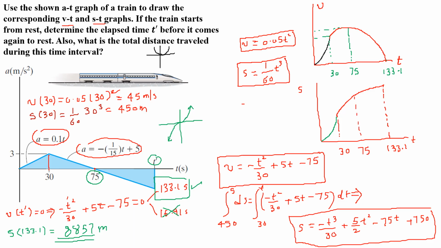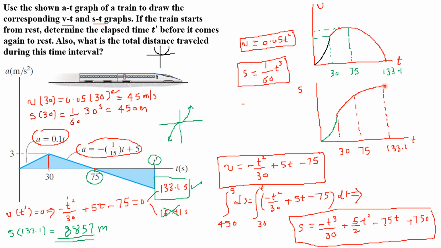Now I had a question before: why doesn't the end point of this curve cross the t-axis? Let me try to explain this from the physical point of view. We have traveled some distance, so at 133 the distance is not zero. We have already moved some distance.